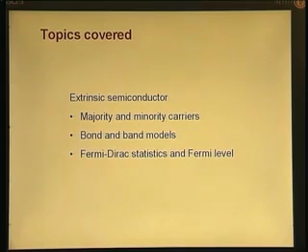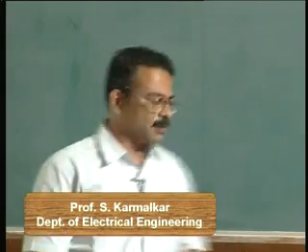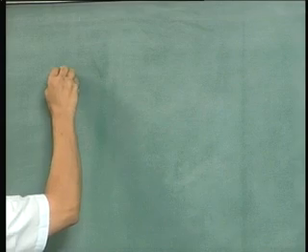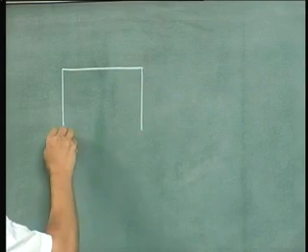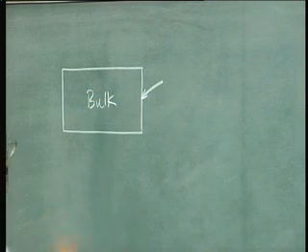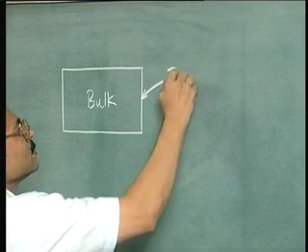It is important to state right at the outset that we are considering concentration in the semiconductor bulk. Supposing this is the semiconductor block, this is the bulk, and this outline is the interface.